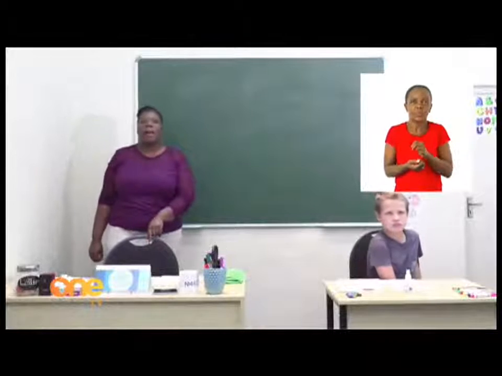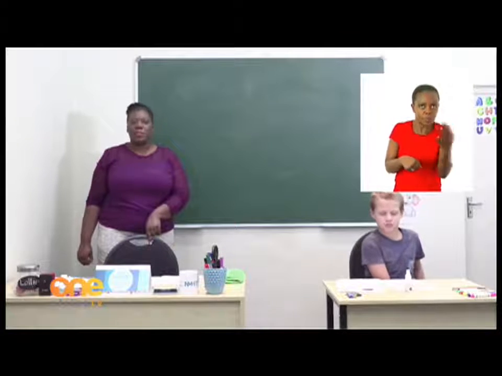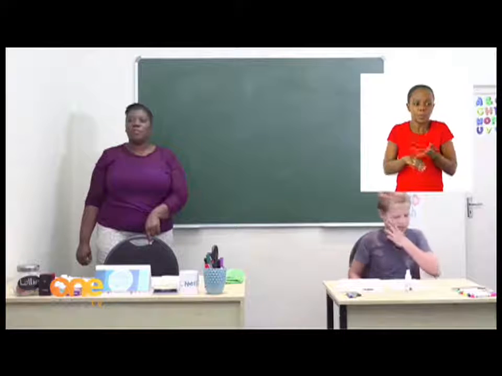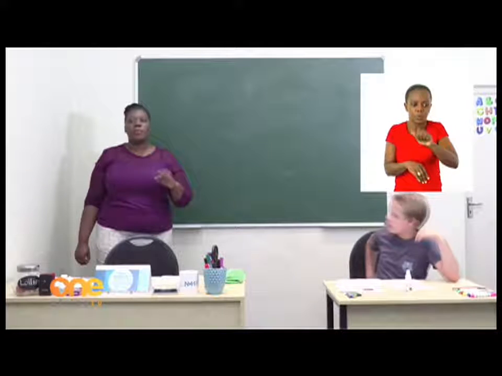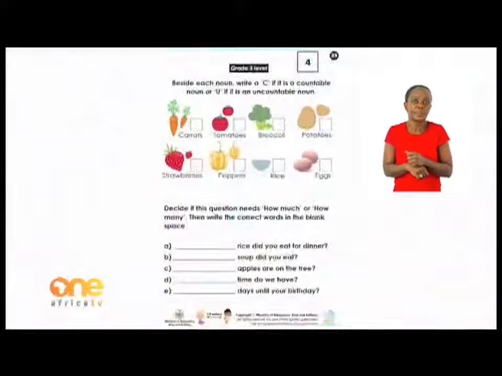Countable nouns are nouns that we can count. For example, tomatoes. We can count 1, 2, 3 tomatoes. And uncountable nouns are nouns that we cannot count. For example, sugar. Sugar in a bowl, we cannot count how many sugar there are. So those are uncountable nouns.